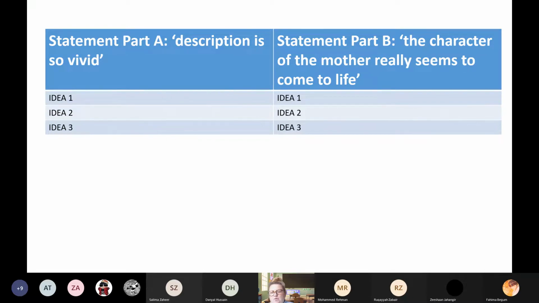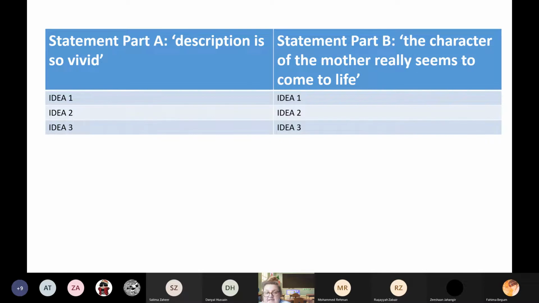So I would strongly recommend that for this question, you spend 5 minutes planning your response. And that plan does not have to be anything more detailed than this table that I've got displayed on the screen.